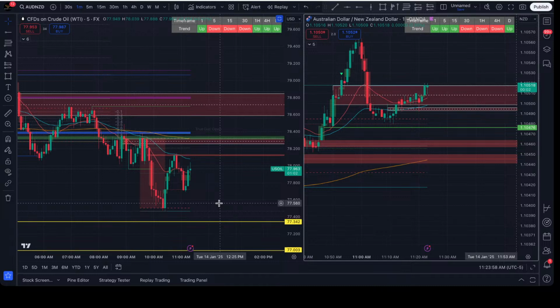Aussie, New Zealand, making another try. Let's see if it does actually take out these lows.